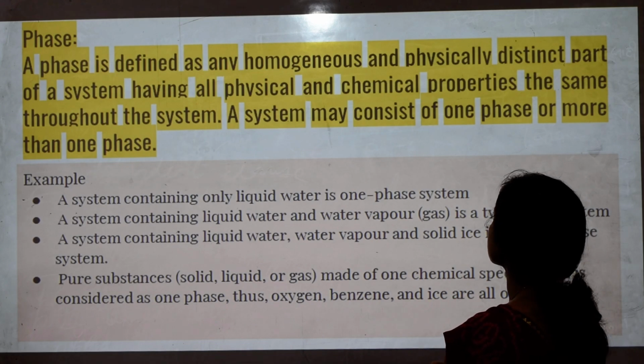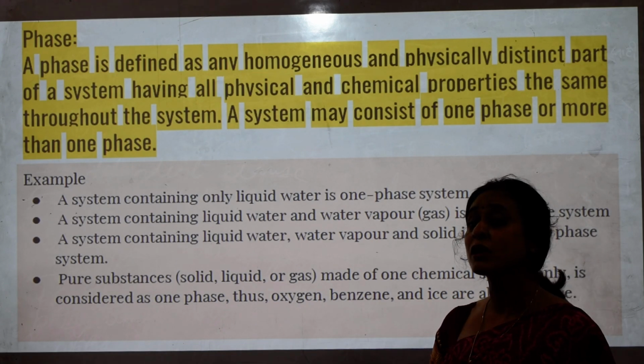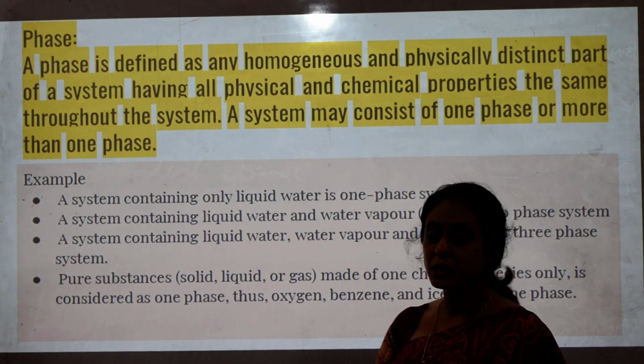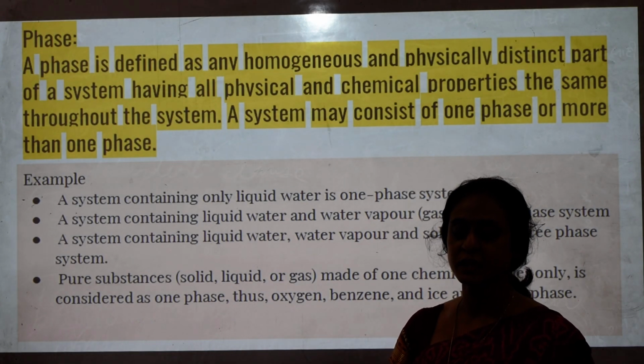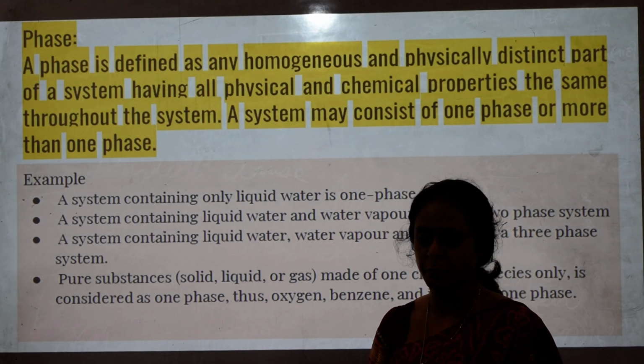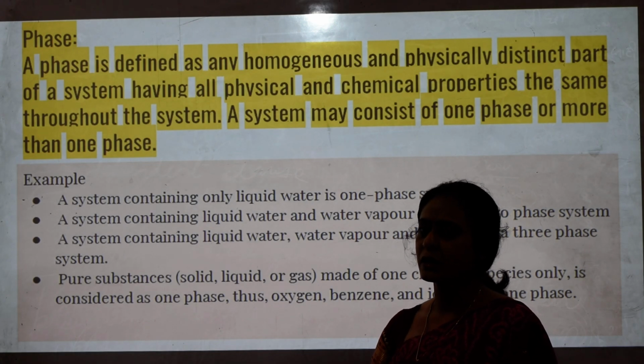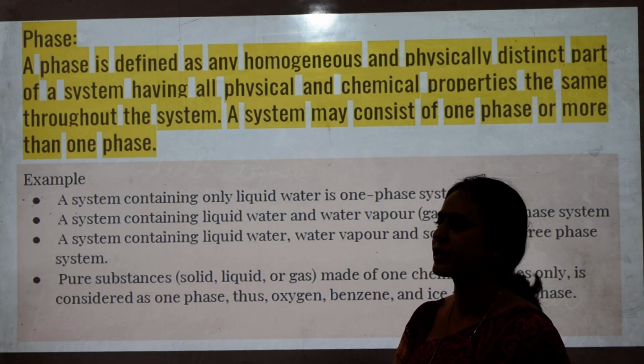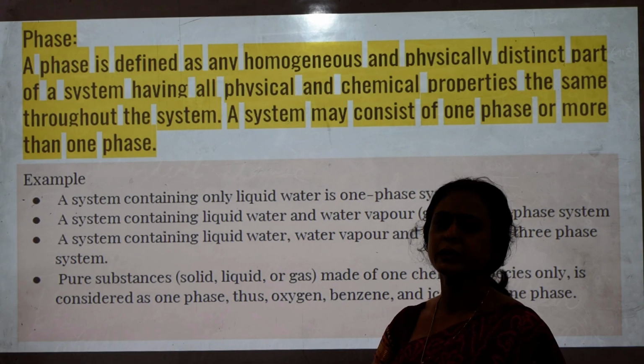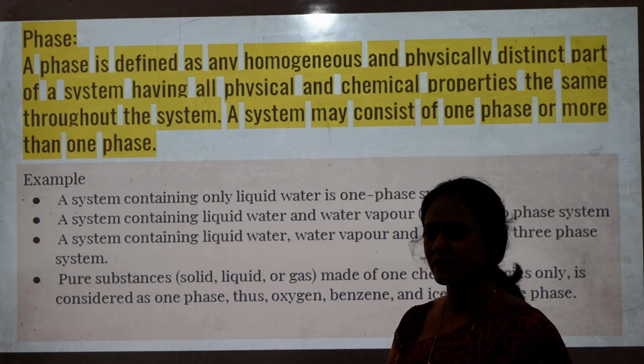A system may consist of one phase or more than one phase. Now physically distinct part, अगर हम सिंपल शब्दों में कहें तो फेस आप कंसिडर कर सकते हैं सॉलिड, लिक्विड, गैस, these are the three phases.